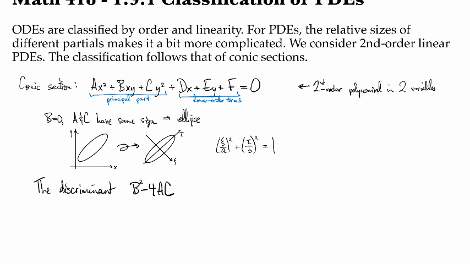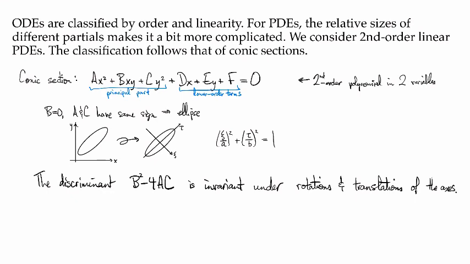And it is invariant under rotations and translations of the axes. So the discriminant for both of those ellipses is the same. And so we use exactly this for categorizing PDEs or classifying PDEs.